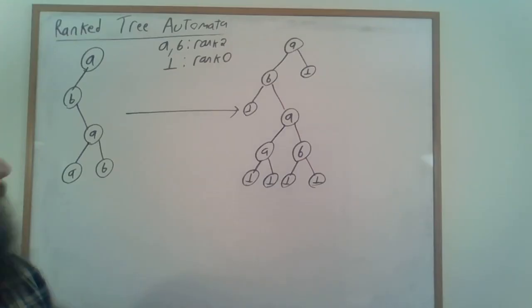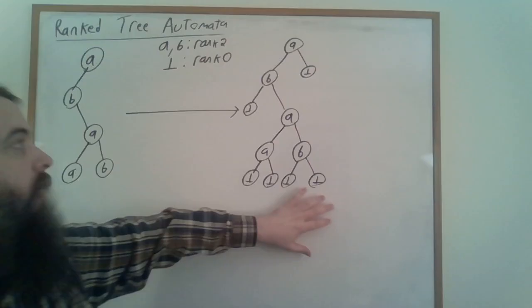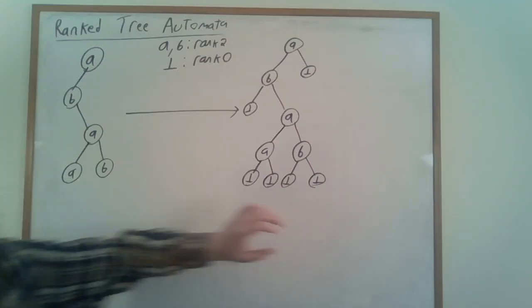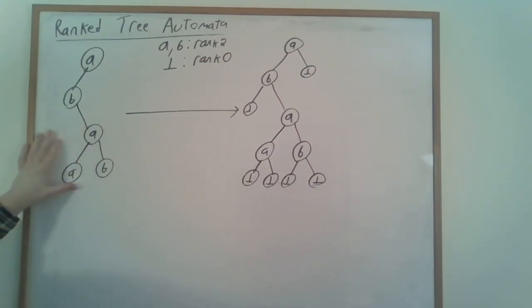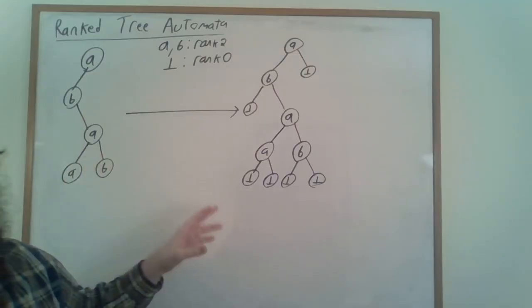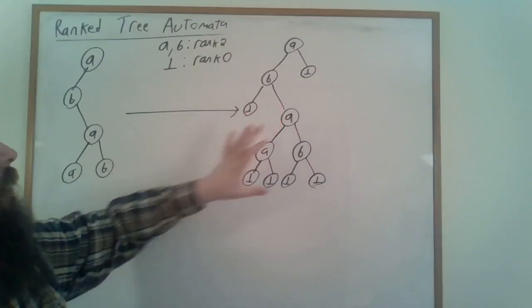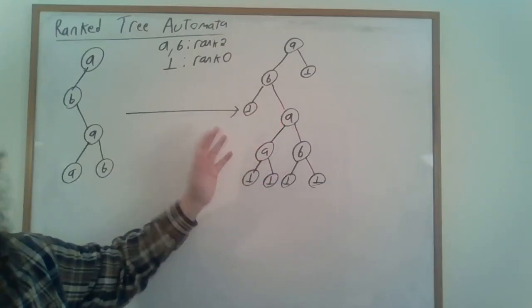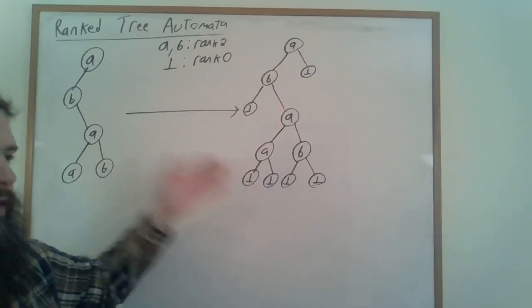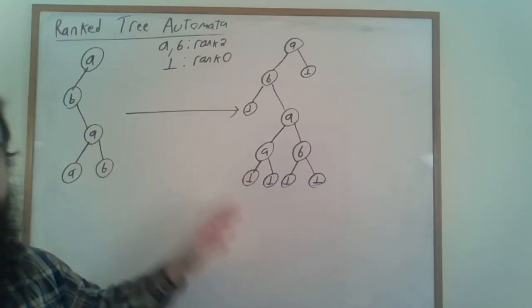And so if we had any questions about ranked tree automata, we could just take the corresponding question for binary tree automata and translate it through the appropriate encodings and get an answer for ranked tree automata. So they're really not fundamentally different, it's the same thing being presented in a different way.